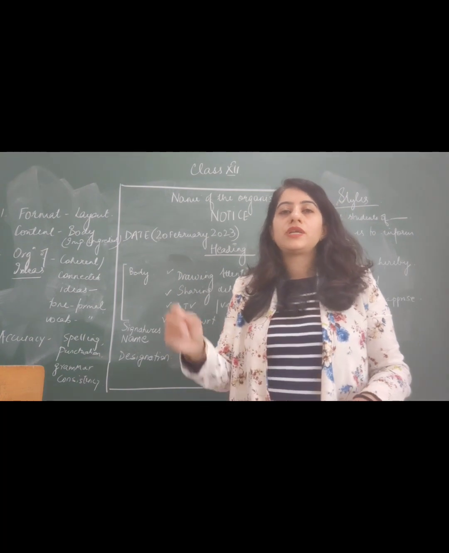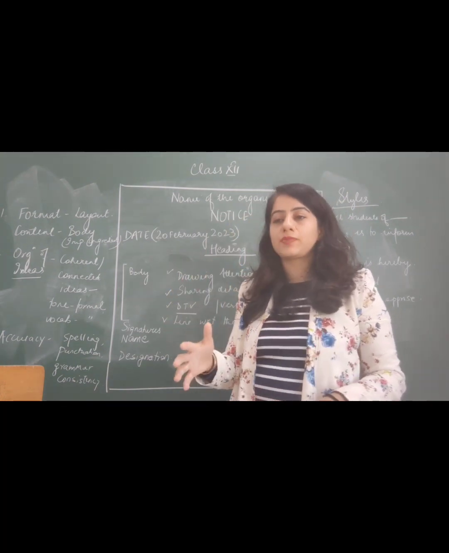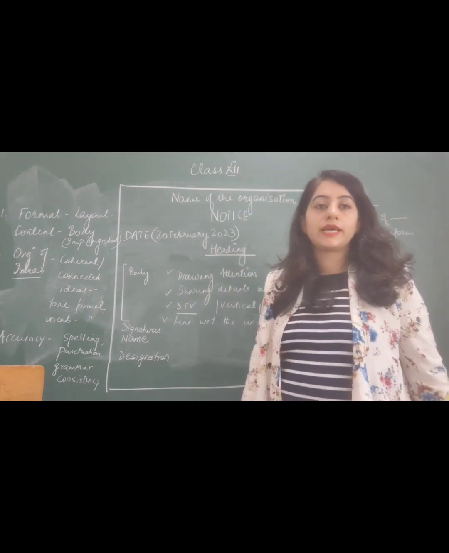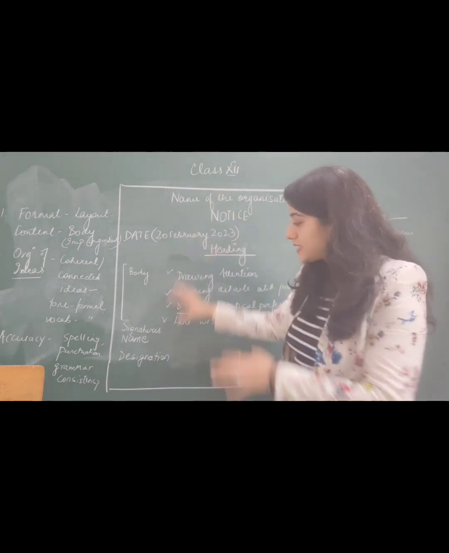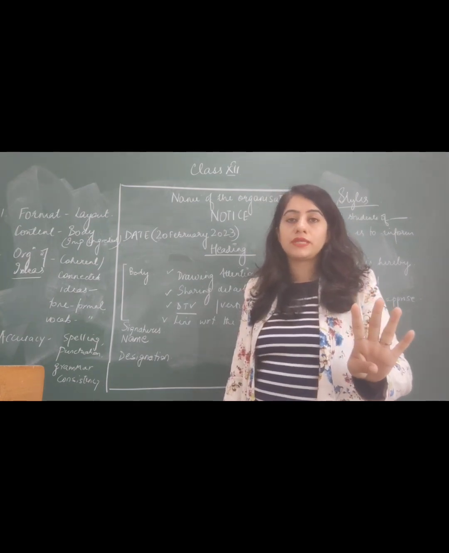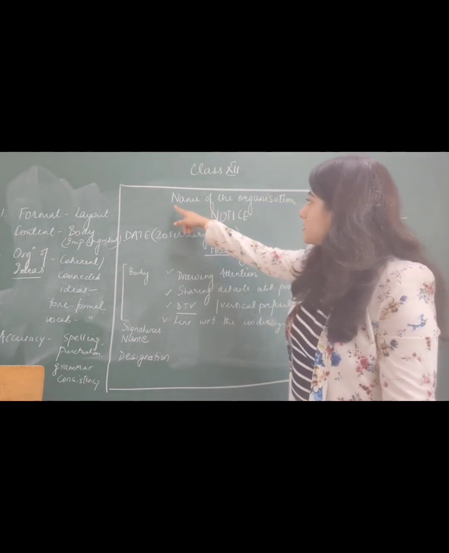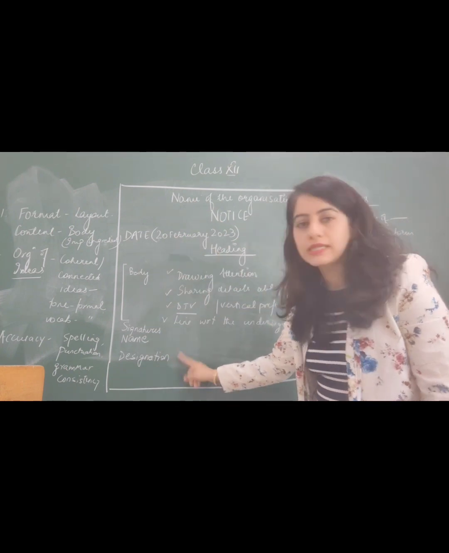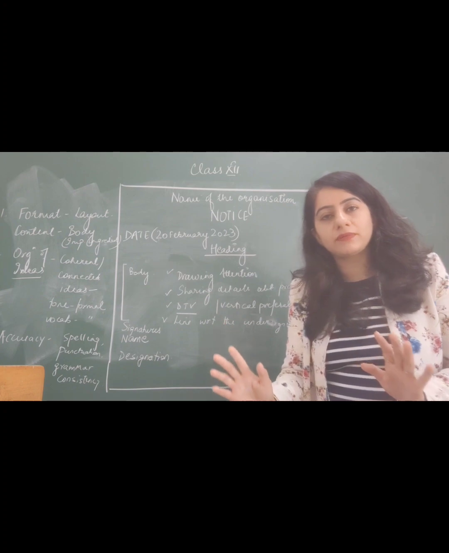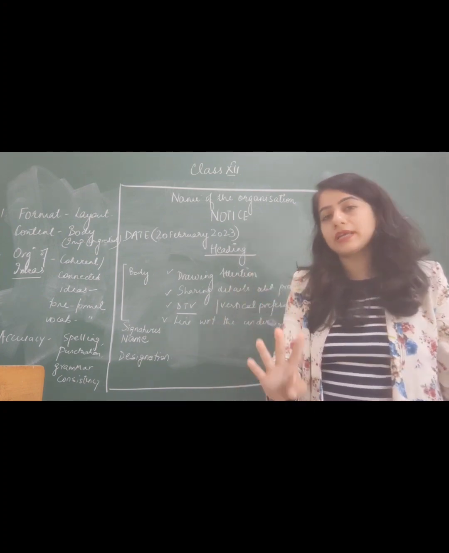What you need to take care of at this point is that all these indicators should be there. Even if all these indicators are not there, a maximum of 4 indicators need to be there. If all these indicators are there, you're going to be awarded full marks, or a maximum of 4 indicators have to be there.